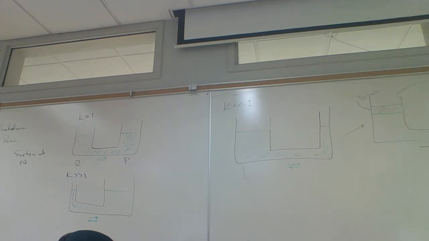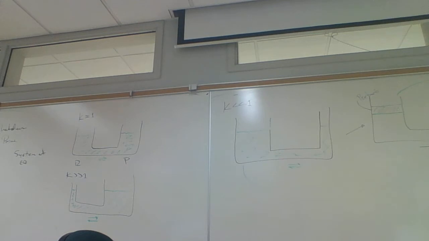On the product side it just goes up, because the initial and the perturbed are the same, and so we end up at a new equilibrium here. This new equilibrium established is going to be different than the original equilibrium.